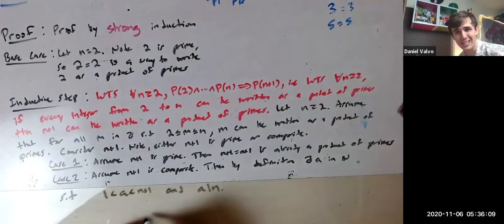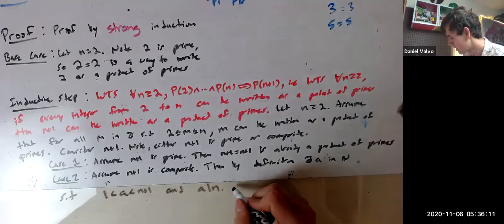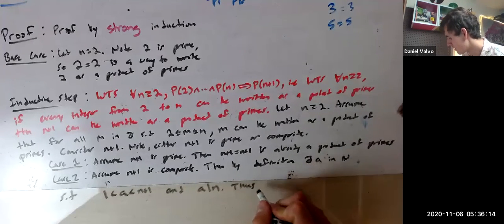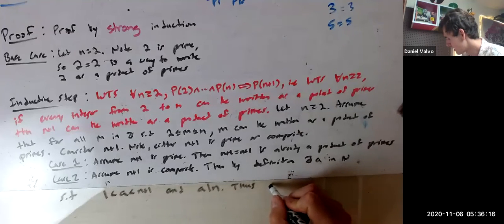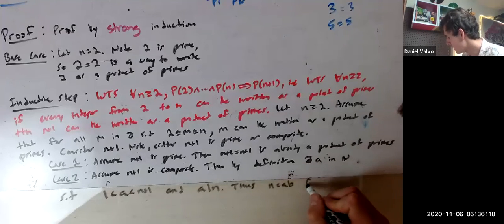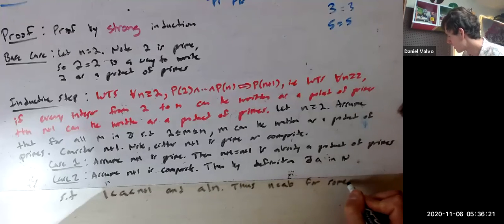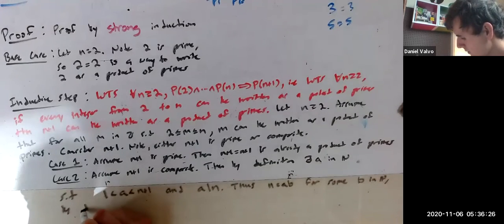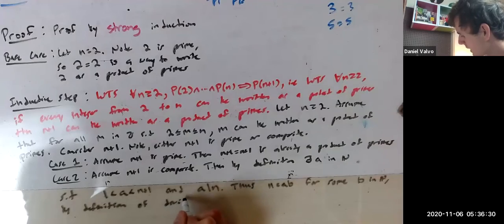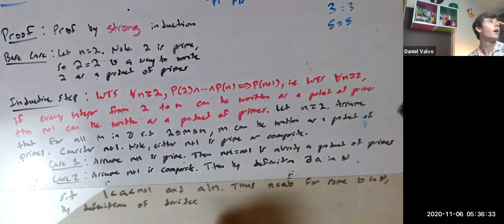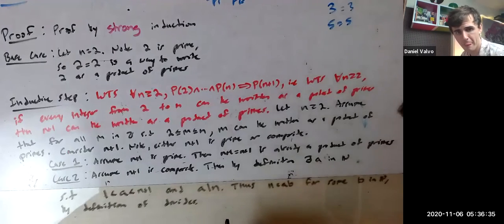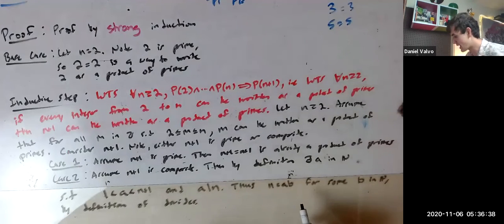It just means a non-trivial divisor. Something divides it that's not 1 or itself. Thus, n+1 equals ab for some b in N by definition of divides. If a divides n+1, then there's some integer a times b that equals n+1.